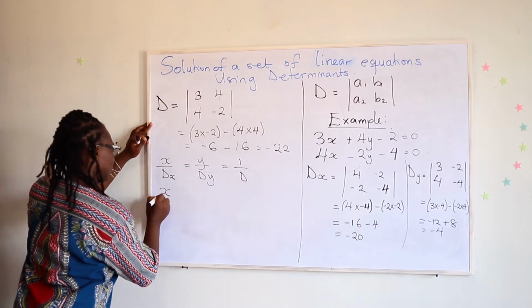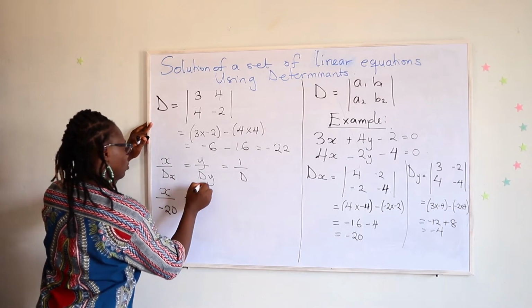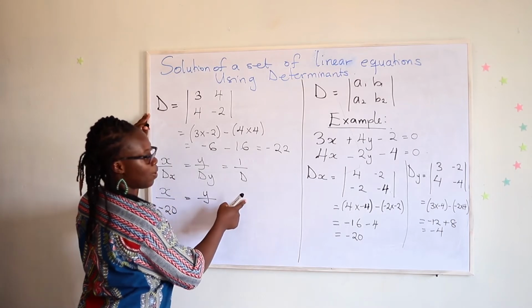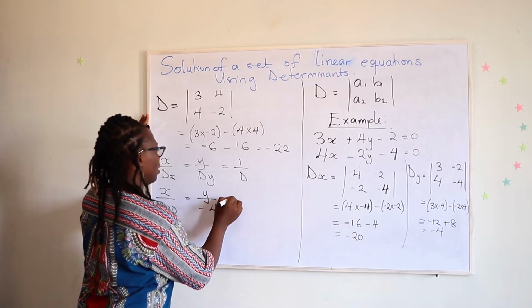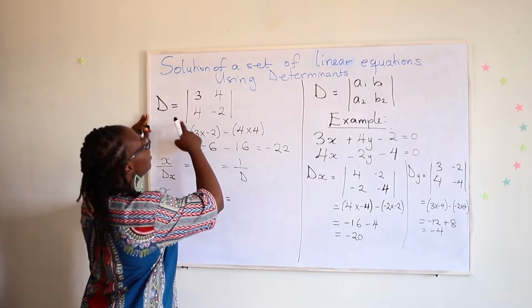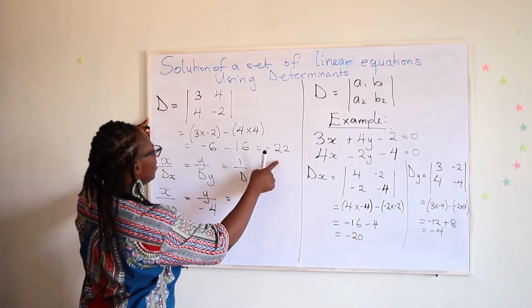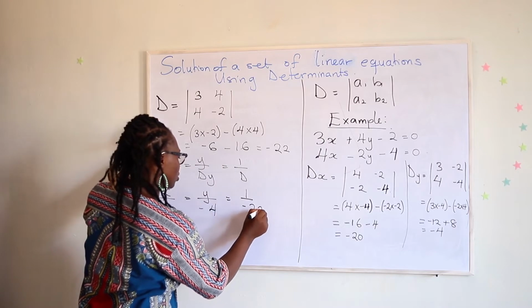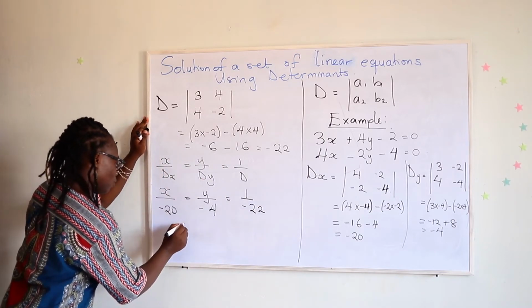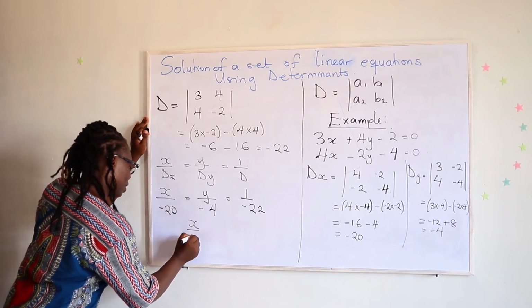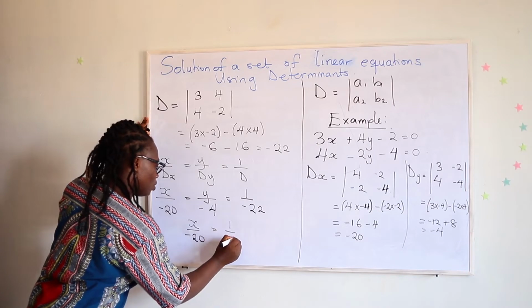So I have x over dx, which is minus 20, equal to y over dy, which is minus 4, equal to 1 over d. What is d? d is minus 22. So let's solve for x. x over minus 20 is equal to 1 over minus 22.